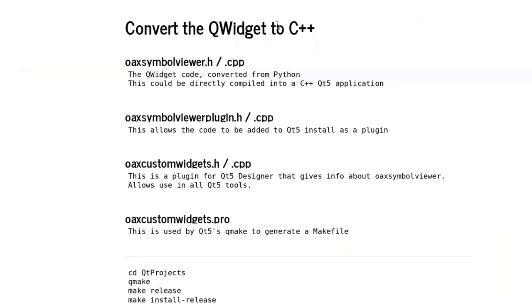It's actually 7 files total to do this project. The first 2 are the ones that I showed you, the symbol viewer widget itself, the header and the CPP file. In addition to that, you need a small plugin file, which is just a little wrapper code around it. It tells Qt what this is, its name, and a few things like that.